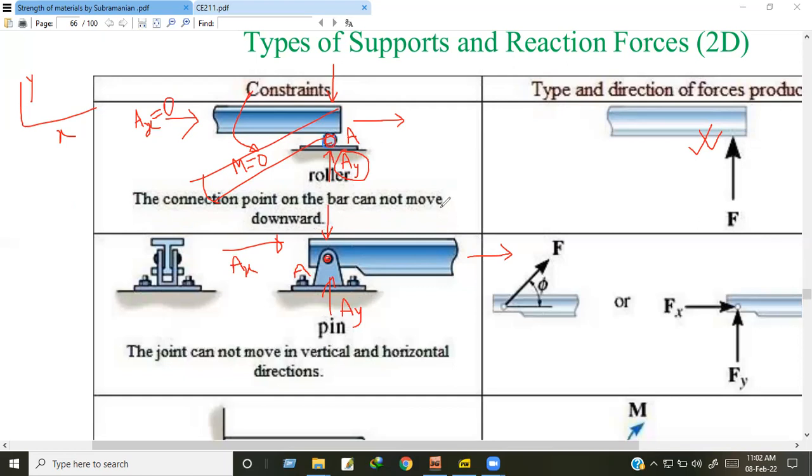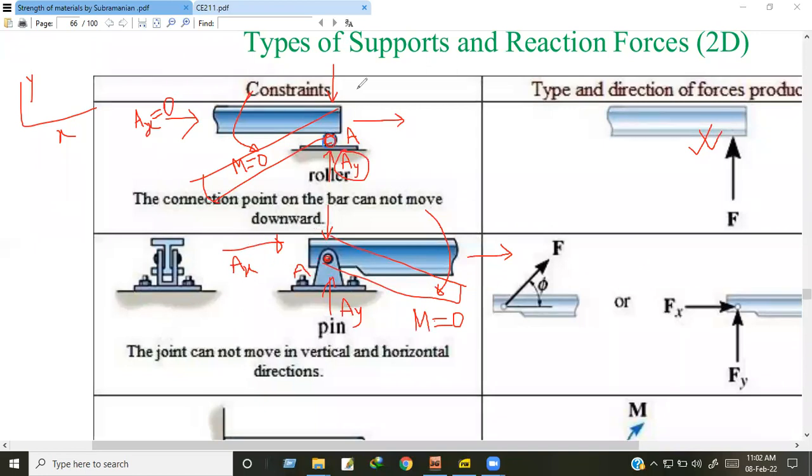But if I give a moment in this direction on a pin or hinge support, then it will rotate in this direction, so it cannot carry any moment. That's why the moment equals 0 for a pin support or hinge support.